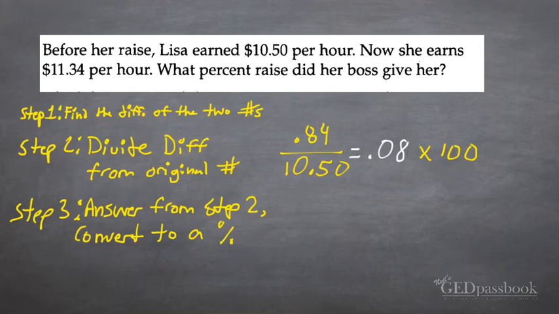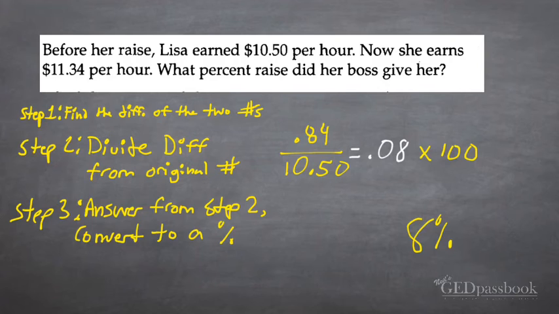And what do we get? 8. Again, 8%. So there's 2 ways to convert a decimal to a percent. Just multiply your decimal by 100, or locate the decimal and move it 2 places to the right.